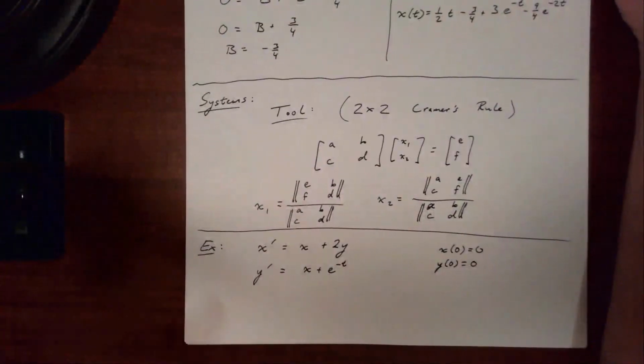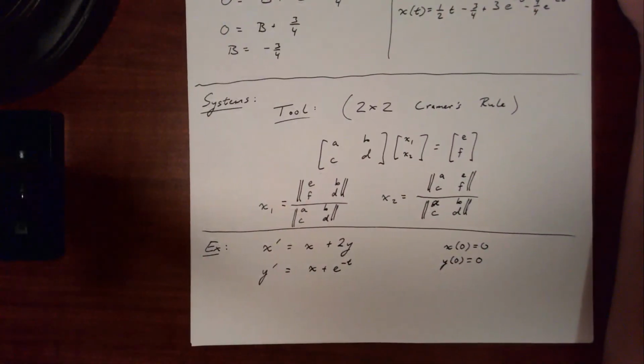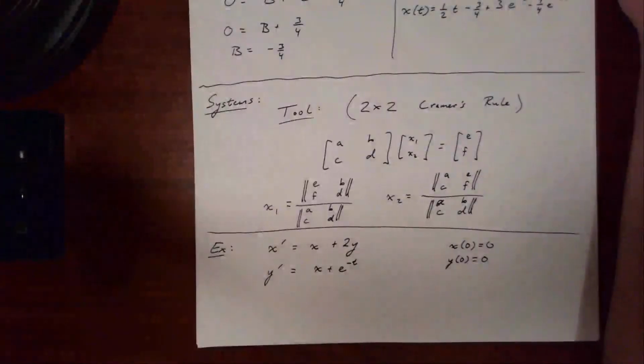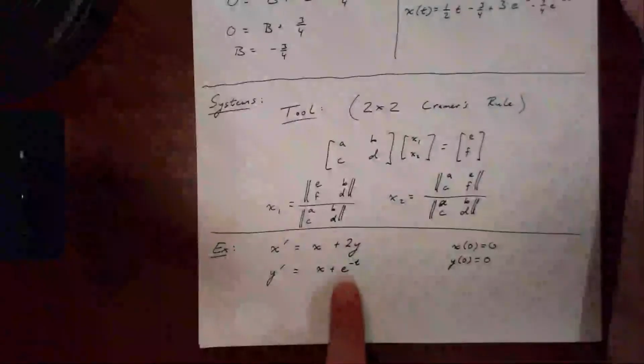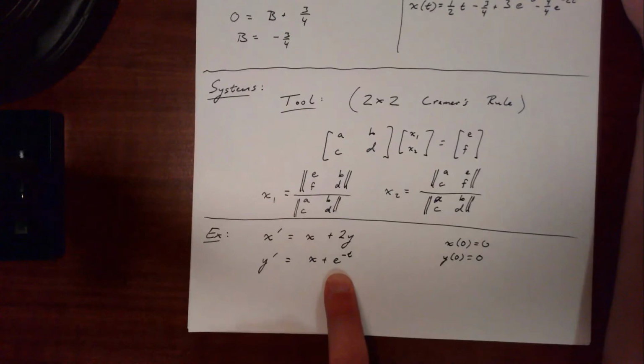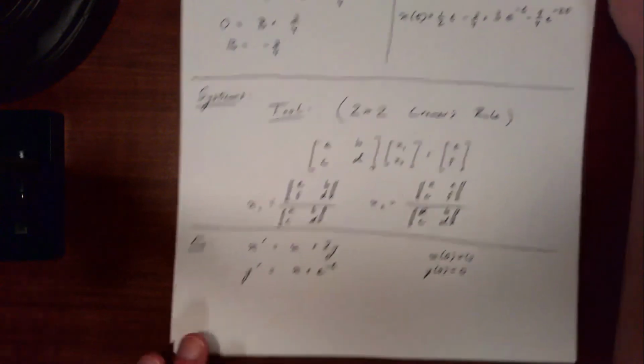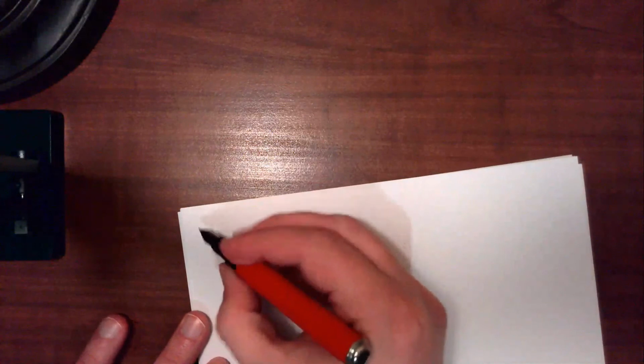Okay, so this is a system that is a little bit outside of our wheelhouse from before, because it is not an autonomous system. We have this little piece that involves a t, which is not something we have typically seen. Well, how do we go about this? Turns out not so differently from the way we've gone about these types of things before.